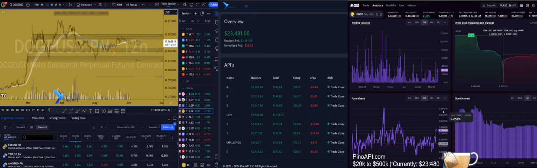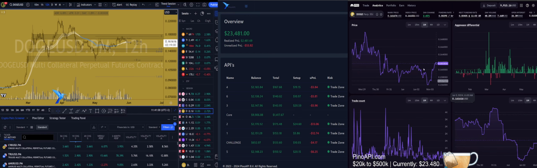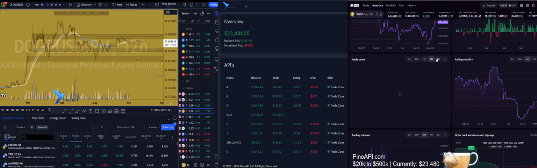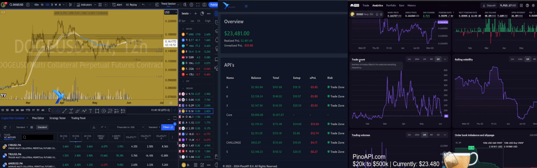Okay, so open interest seems to be increasing. Trade count, it's decreasing. I'm not sure if I'm correct, but would this mean 4K trades in one day?